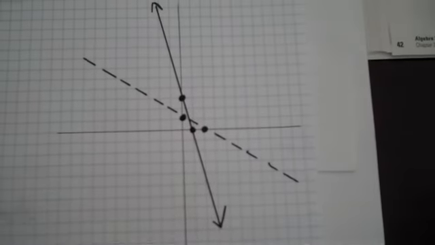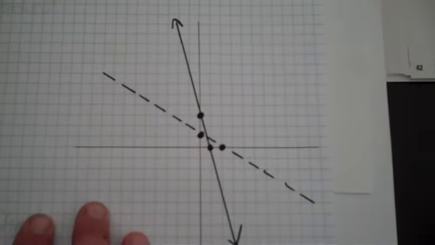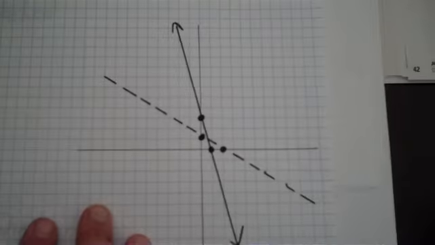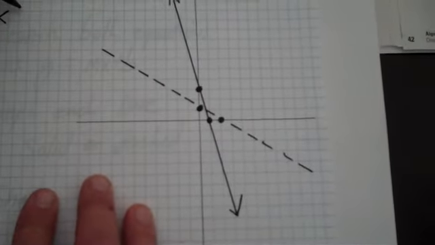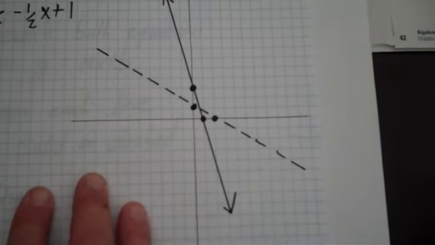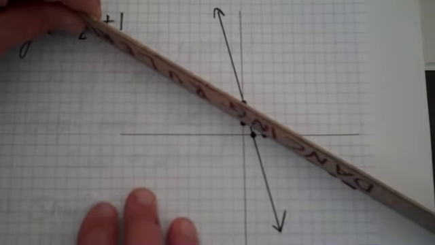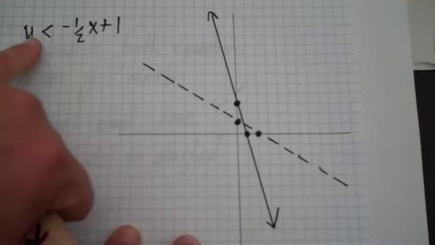Now we have to go back to the original problem. It's y is less than minus 1/2 x plus 1. So let's look at this line. This line is right here, and you're either going to shade everything above it or everything below it. So look right there.